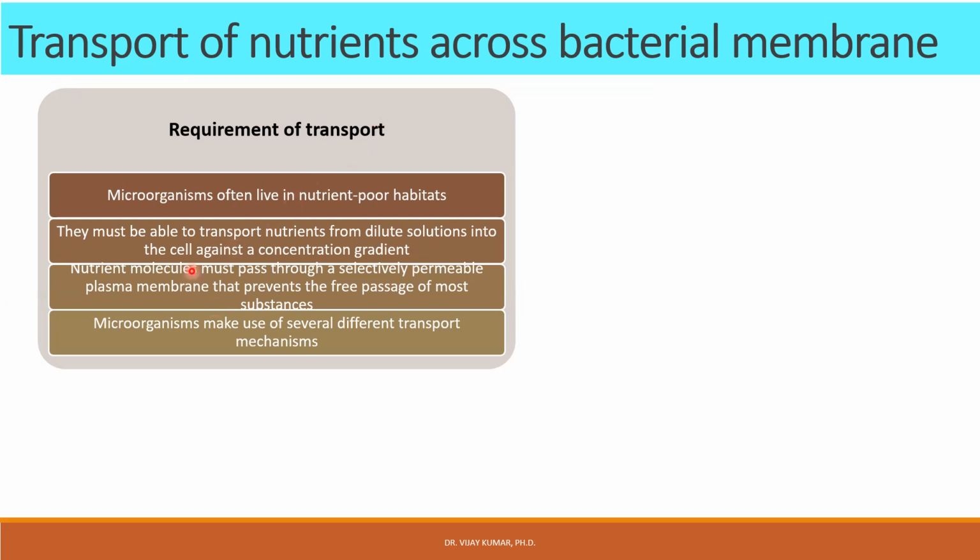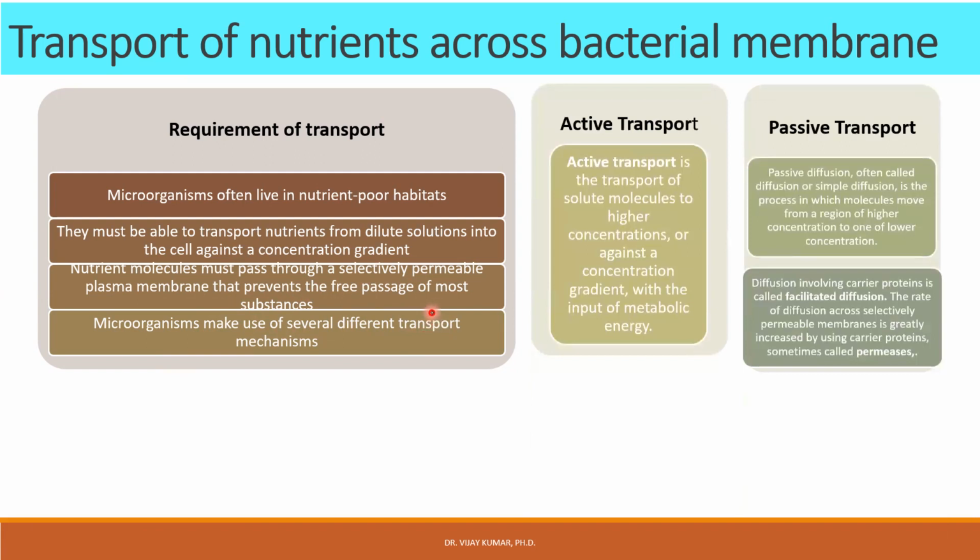So nutrient molecules must pass through the selectively permeable membrane, and this is done with the help of transporters. There are some unique transporters which play a very important role here, and there are many different transporters which we will discuss later on.